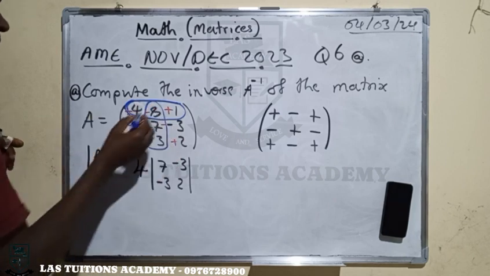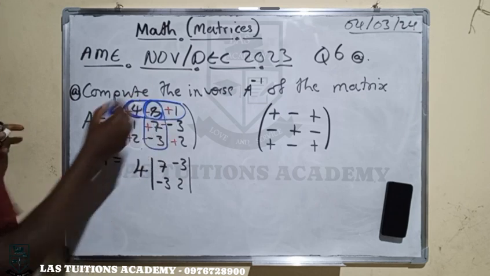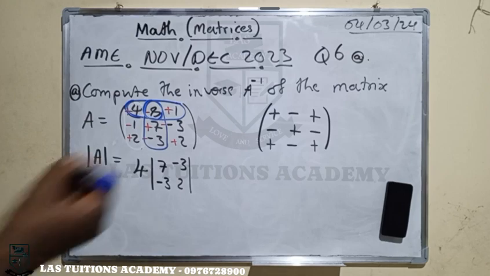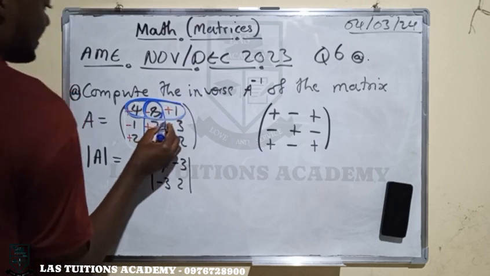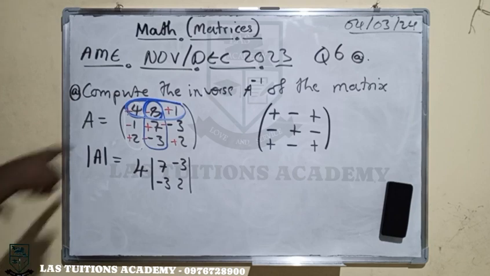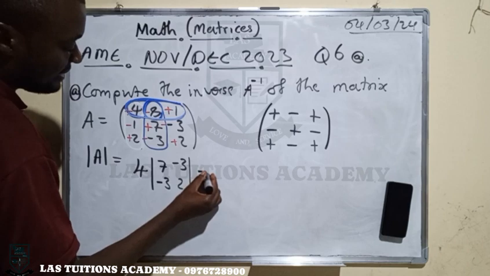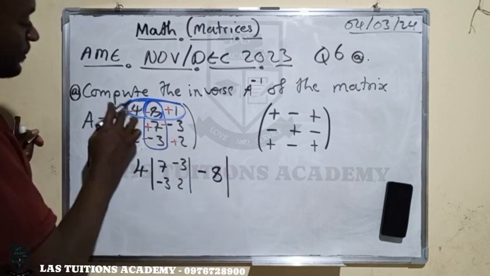And when you lock the middle column, you see that this number 8 is in the intersection of the row that we are using against the column we have just locked. So we find 8 in the intersection. Then you look at the position sign, it is minus. So we put -8.